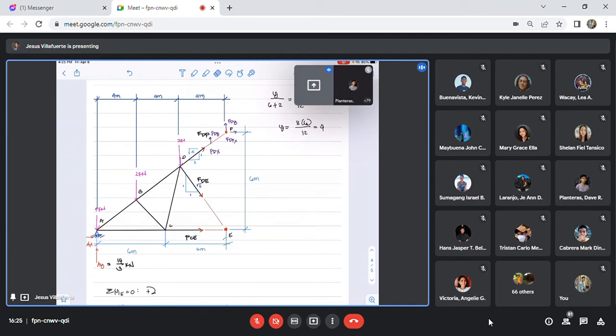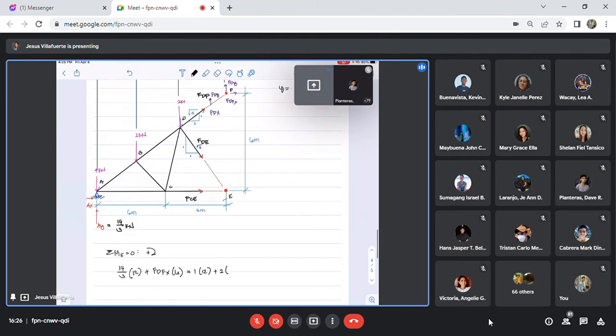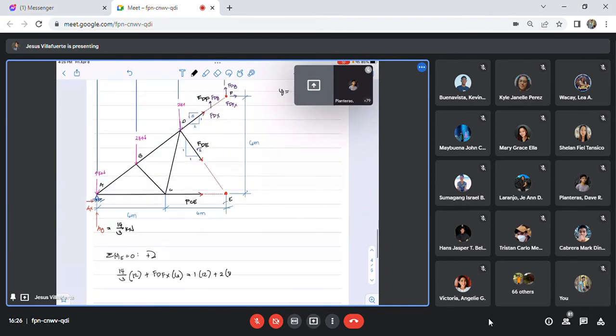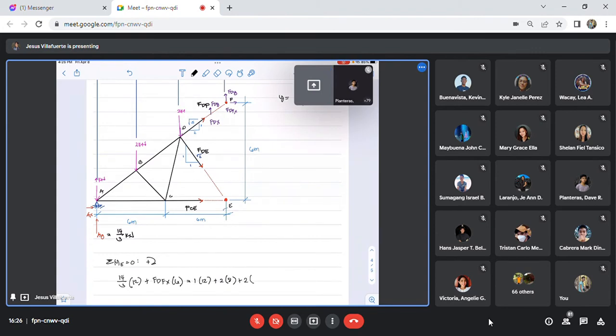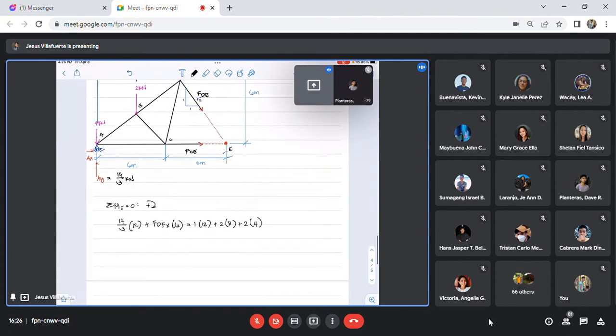What about this one at the top? It is also 8, as I wrote earlier. What about this one at the top? So 4, 1 times 2, and then 2 times 8 plus 2 times 4. Could you please evaluate, class?